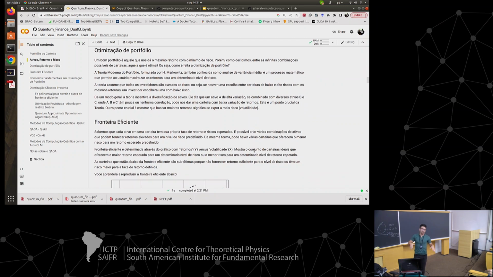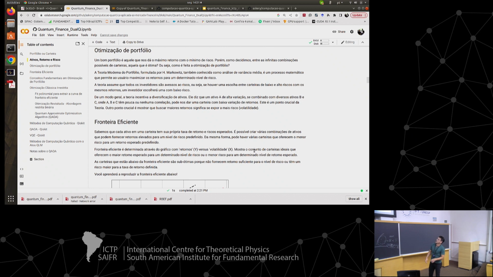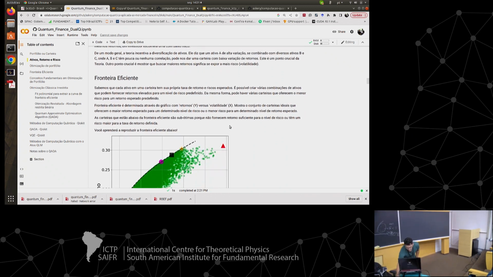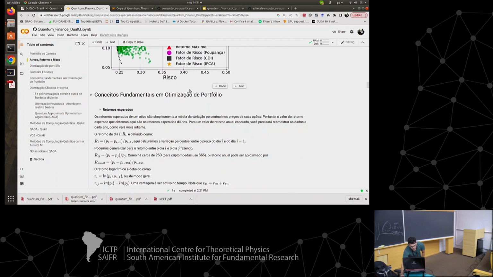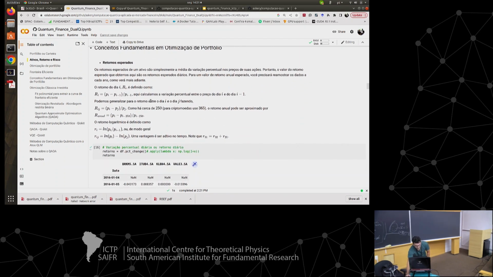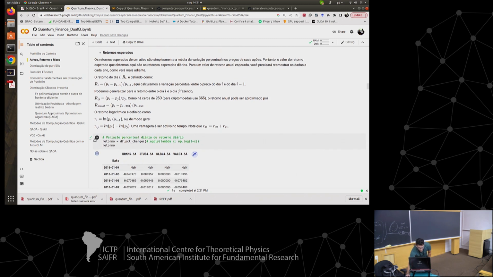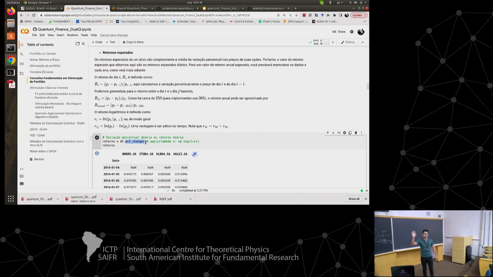Here I comment on everything that I covered in the morning: what portfolio optimization is, what the efficient frontier is, and I'm just saying that our main goal is to reproduce this, and then how you compute the returns. Let me show you, there is this nice function that you just call with dot price change, and it does the trick for you.